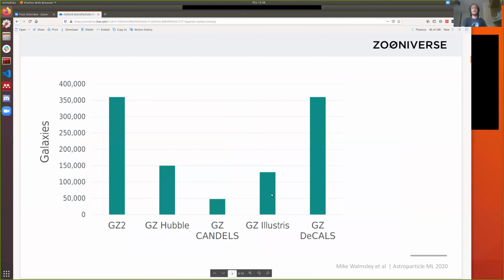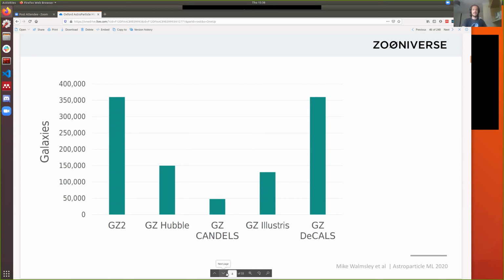No arrow keys. Okay. So these are the projects which Galaxy Zoo has run to date, starting with GZ2 about a decade ago now almost, up to the current project, Galaxy Zoo Decals, which is the one that I'm leading. Now, in a couple years, we're going to have 2 new big surveys come online, producing a whole bunch of new galaxy images.